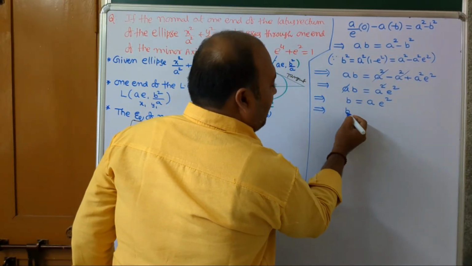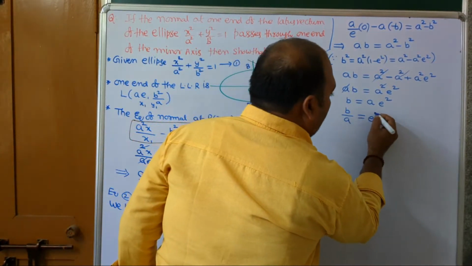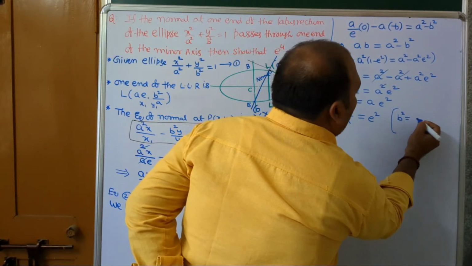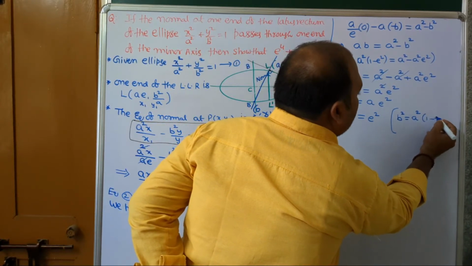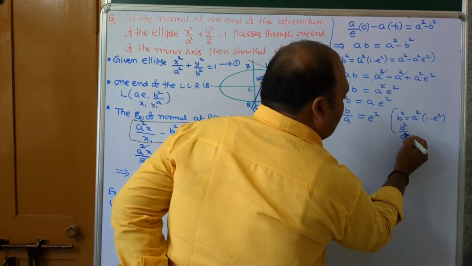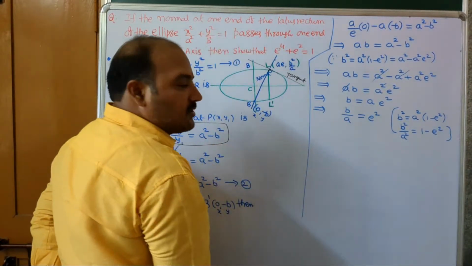So b by a, bringing this side, is equal to e square. We know that b square equal to a square into (1 minus e square), no? Bringing a square this side means b square by a square is equal to 1 minus e square. Keep it like this.